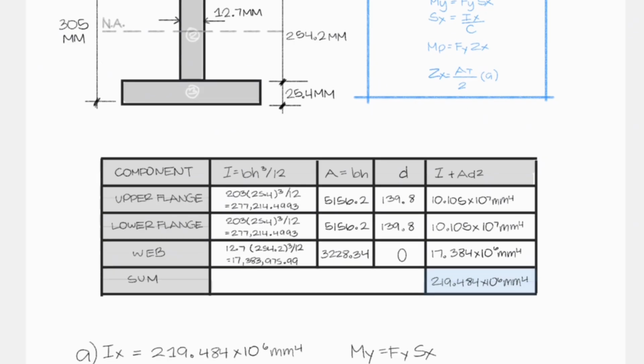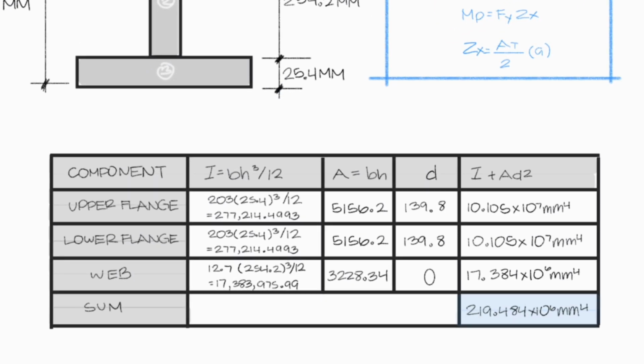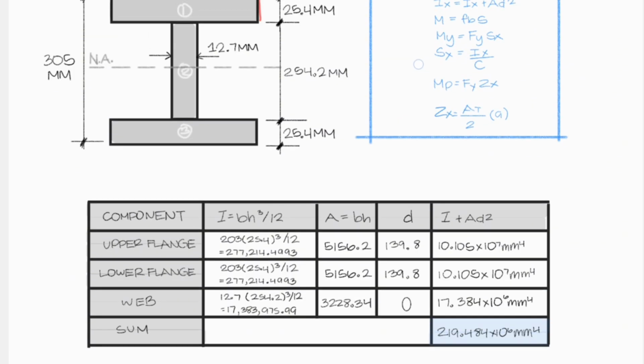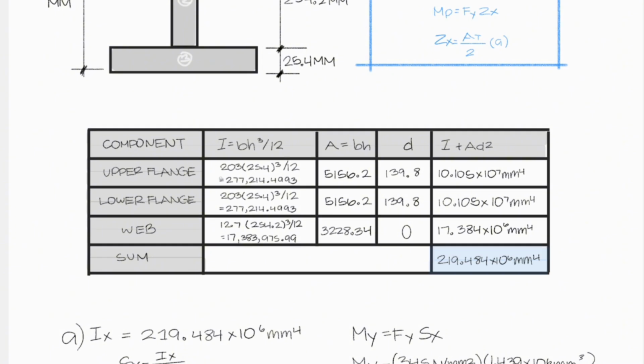So for our first column, we have a formula of I equals base times height cubed over 12. The upper flange has a base of 203 millimeters with a height of 25.4 millimeters. Cubed over 12 will result in an answer of this.